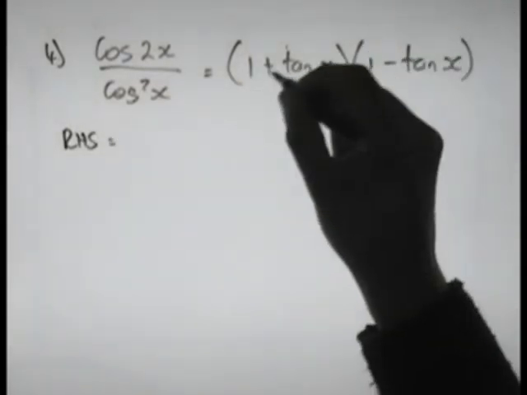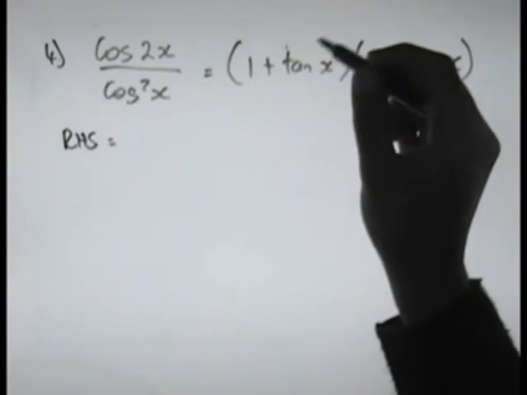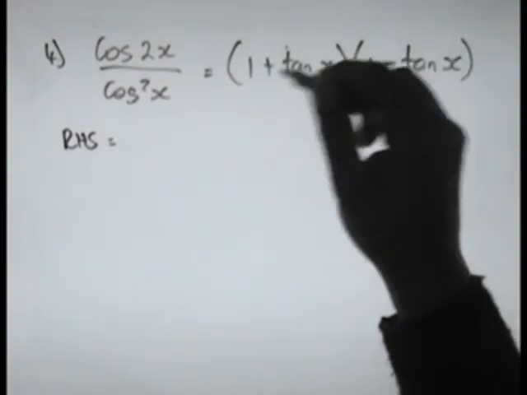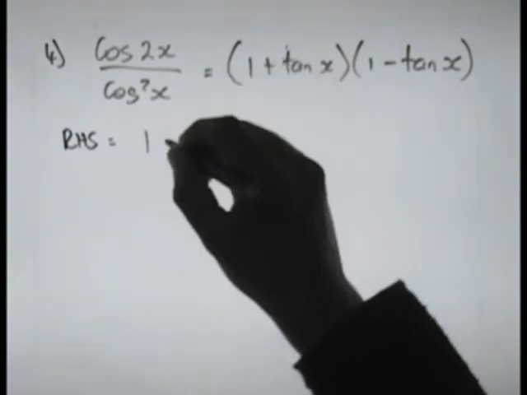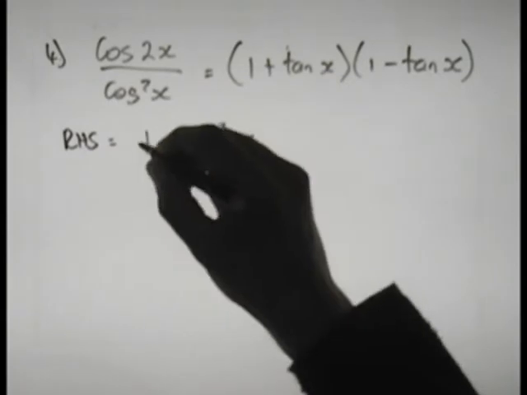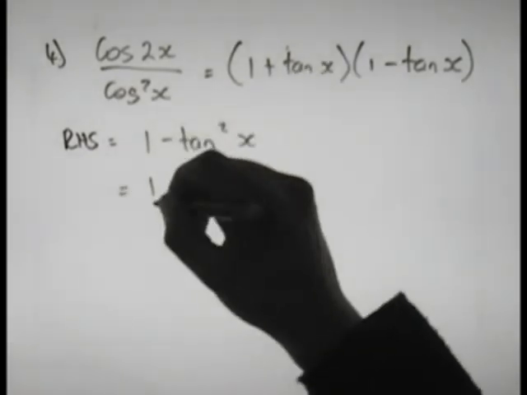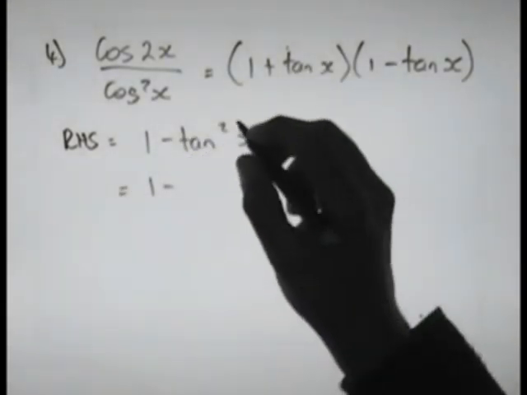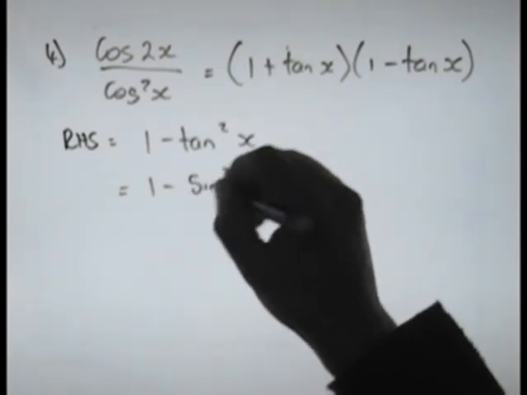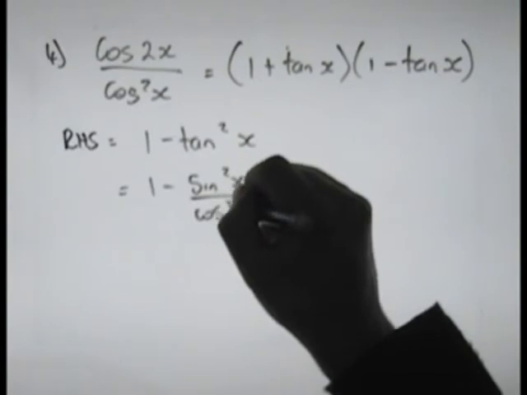Right hand side is going to equal, first before I turn the tan x into sine x over cos x, I'm going to multiply this out, difference of two squares, that's going to become 1 minus tan squared x. 1 minus tan squared x is the same as 1 minus sine squared x over cos squared x.